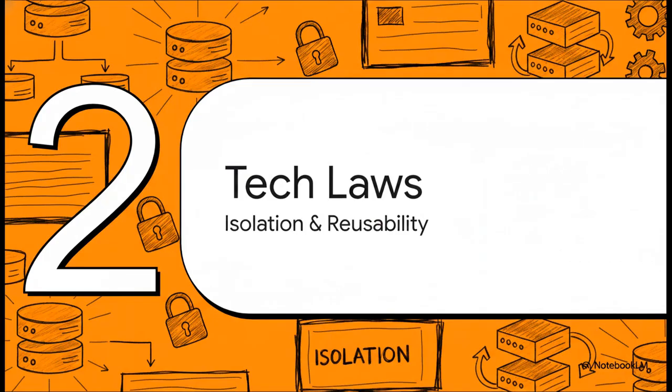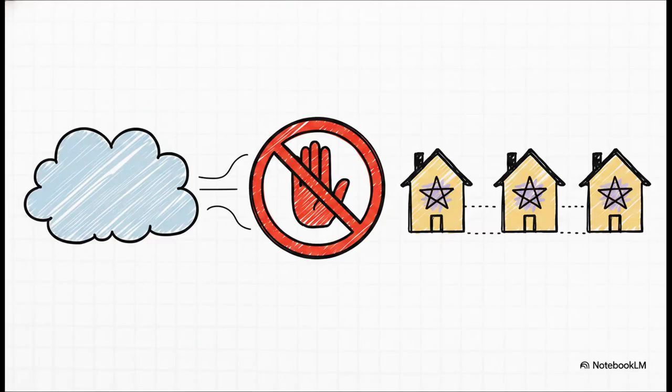All right, moving on to what I like to call the tech laws: isolation and reusability. The absolutely crucial, non-negotiable golden rule here is that addresses starting with 192.168 or 172 simply cannot route to the direct internet without translation. You've got to have a process like NAT, Network Address Translation, acting as the intermediary. And here's the genius part. Because these private ranges are totally isolated from the public web, identical network addresses can be reused infinitely.